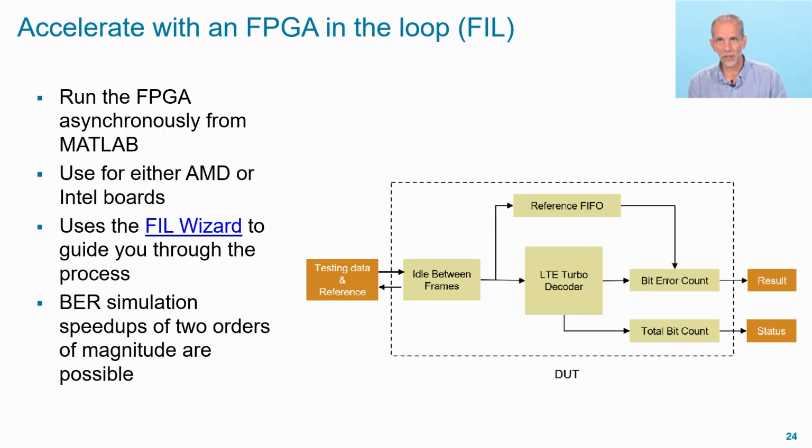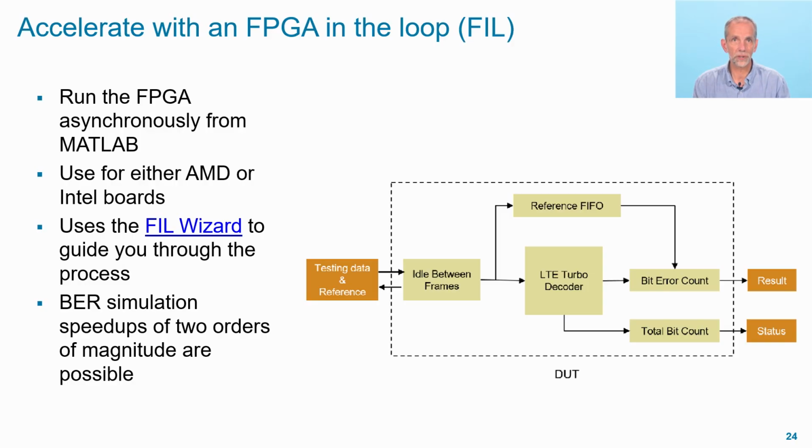That's an LTE turbo decoder. Everything else is more or less housekeeping. So one really tall pole, so FPGA in the loop is very, very useful. Now be aware, this takes more human investment than either writing better MATLAB code or using PCT with the cores on your laptop. But the gains can be considerable.